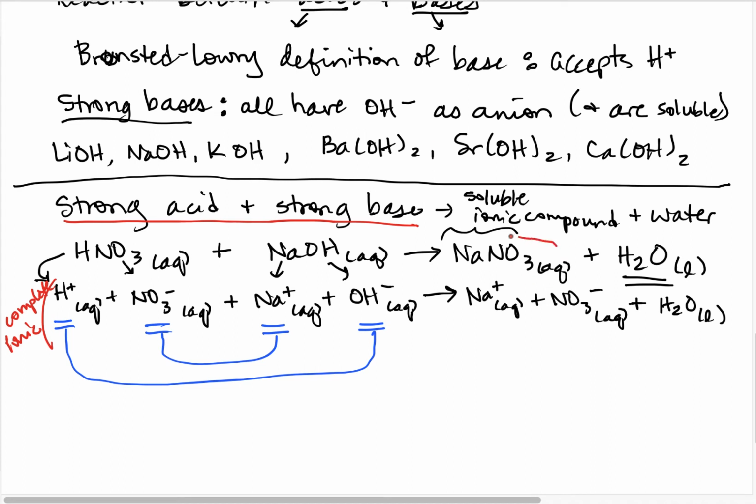But when we have a generic ionic compound that doesn't have any acidic or any basic characteristics, we just call this salt. Salt is a generic term, even though we use it very specifically for table salt. Salt is actually a generic term for an ionic compound.